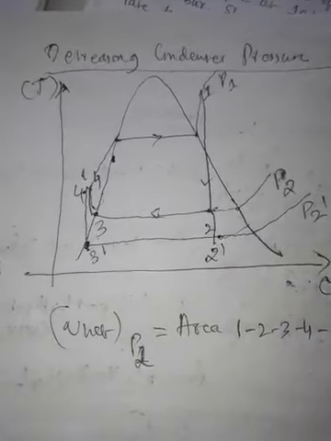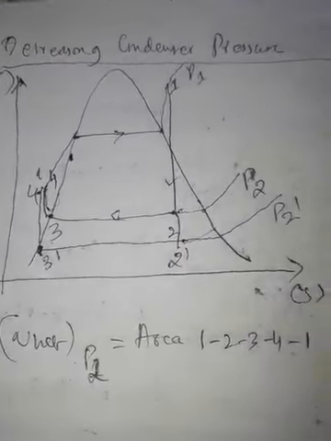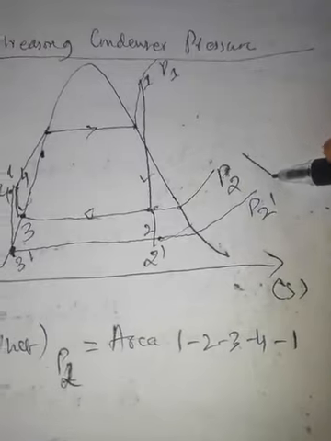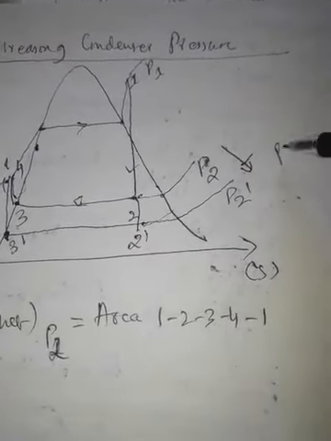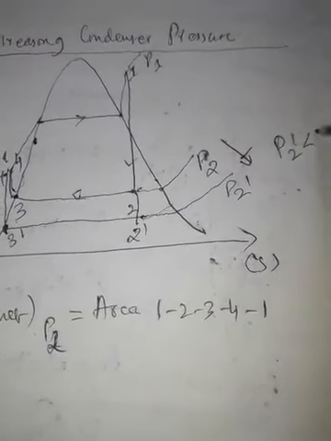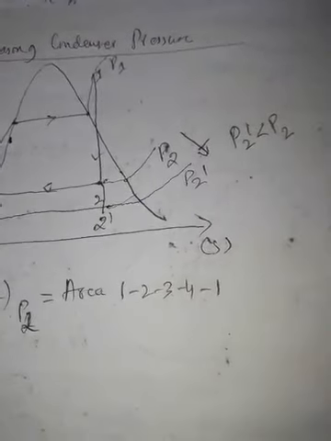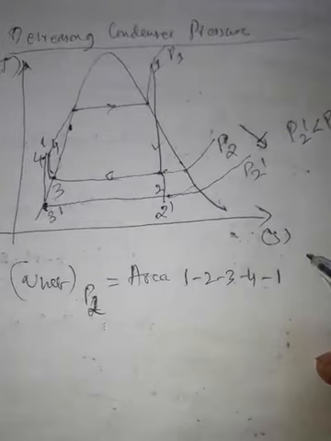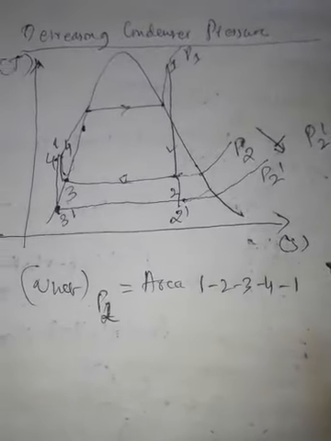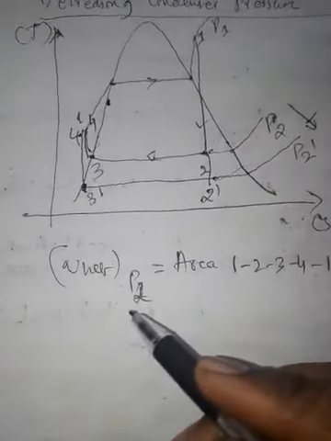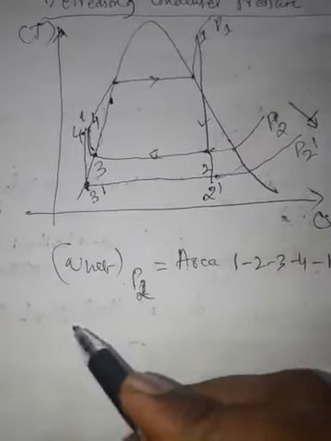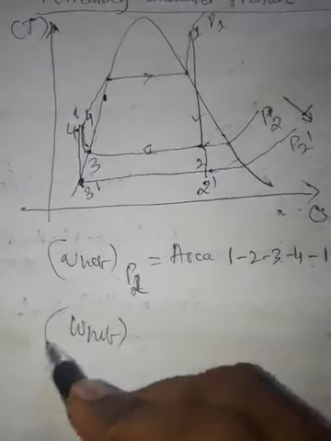On this graph, this is the decrease in condenser pressure. P2 dash is less than P2. So because of that, what is the new net work developed in the new cycle?